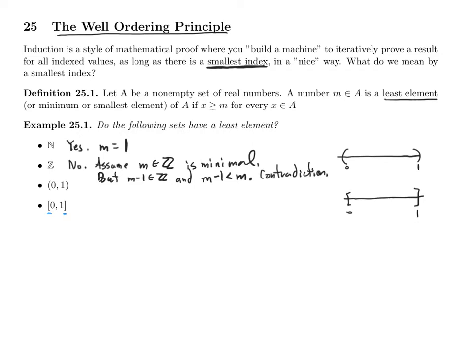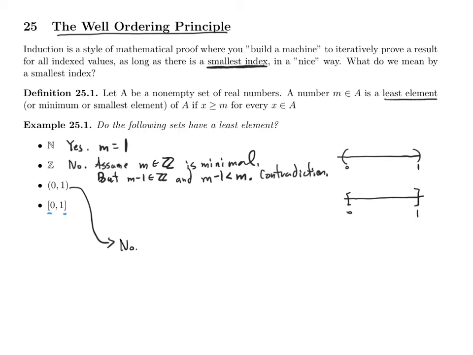Okay? For the open interval, 0 to 1, let's do this down here. Remember, 0 and 1 aren't in your set, so you can't pick 0 as your minimal element.